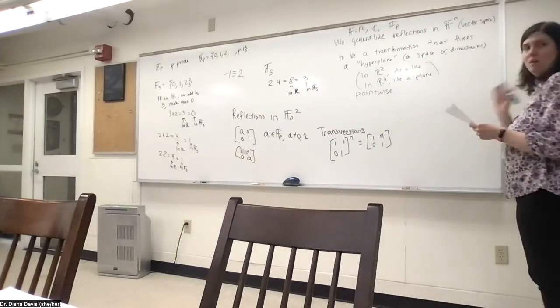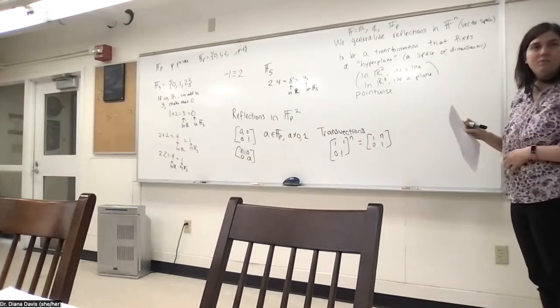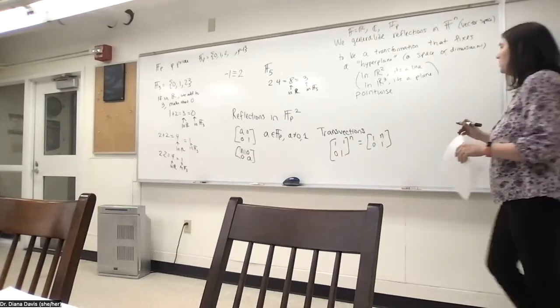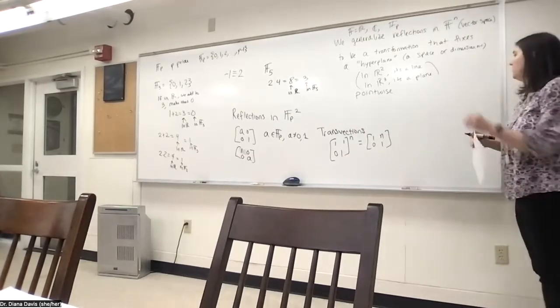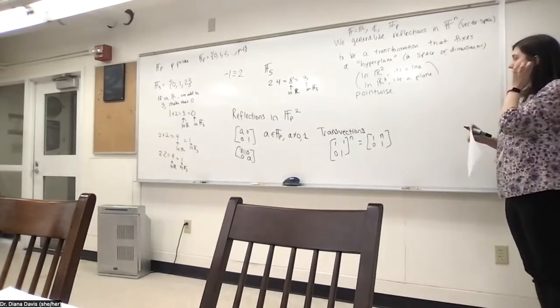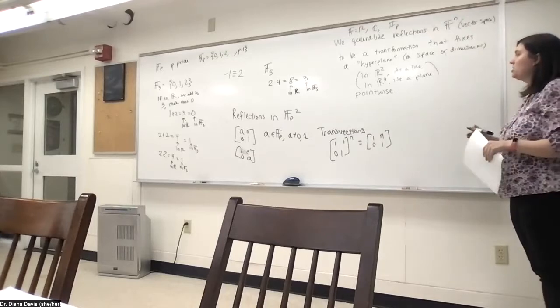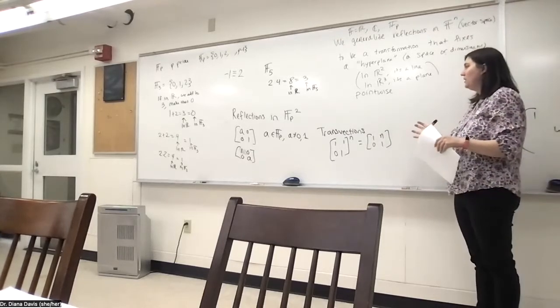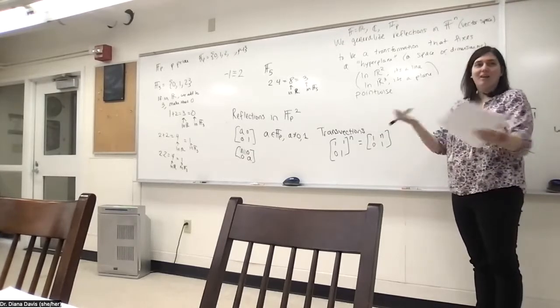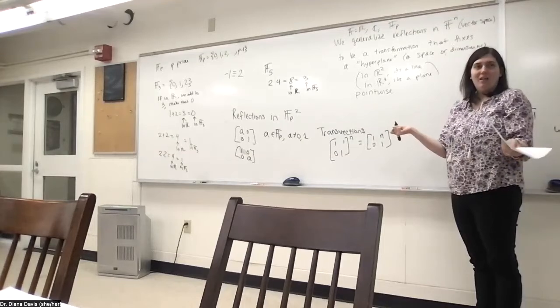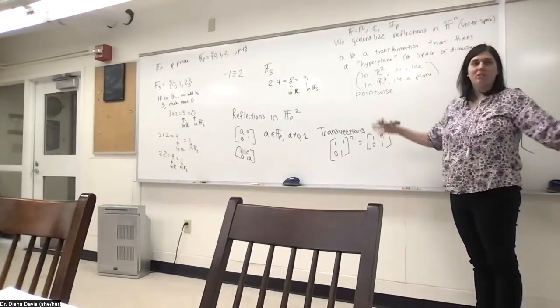Can you say more about what you mean by that? Be a little bit more specific, at least in the reals? Yeah, so the reals, you can reduce it down to a finite collection of matrices that will then generate all of the reflections.